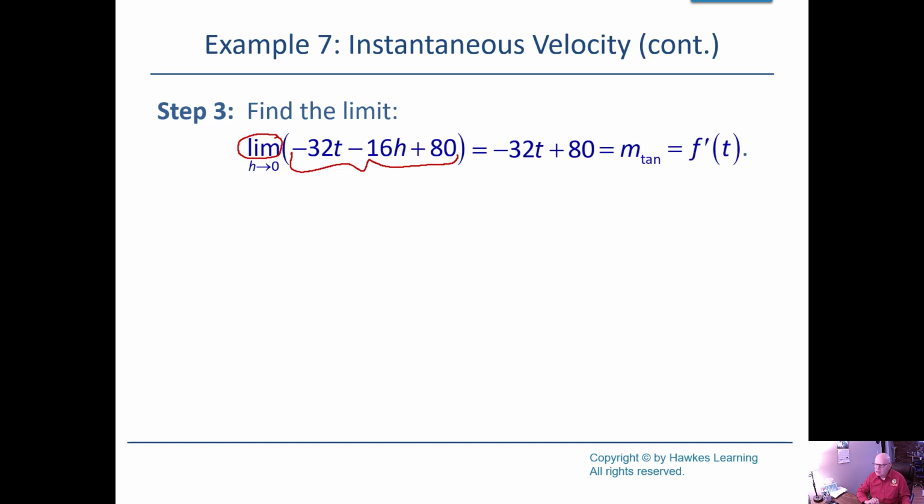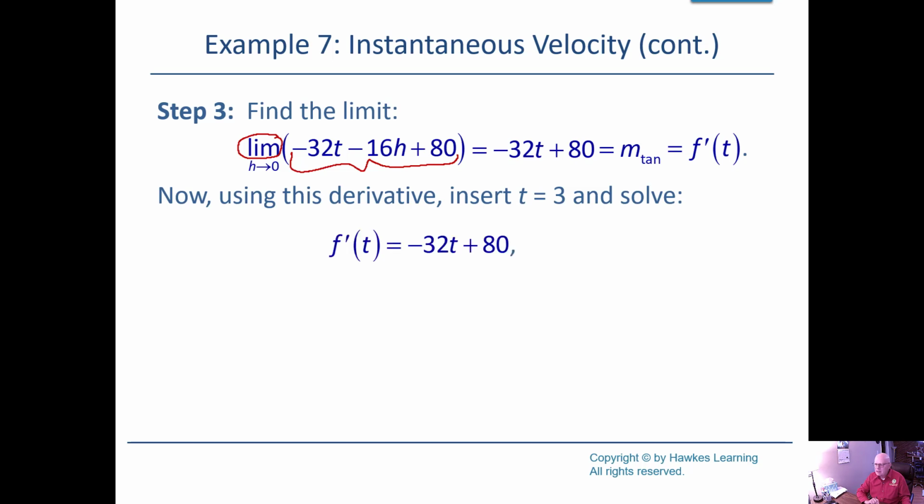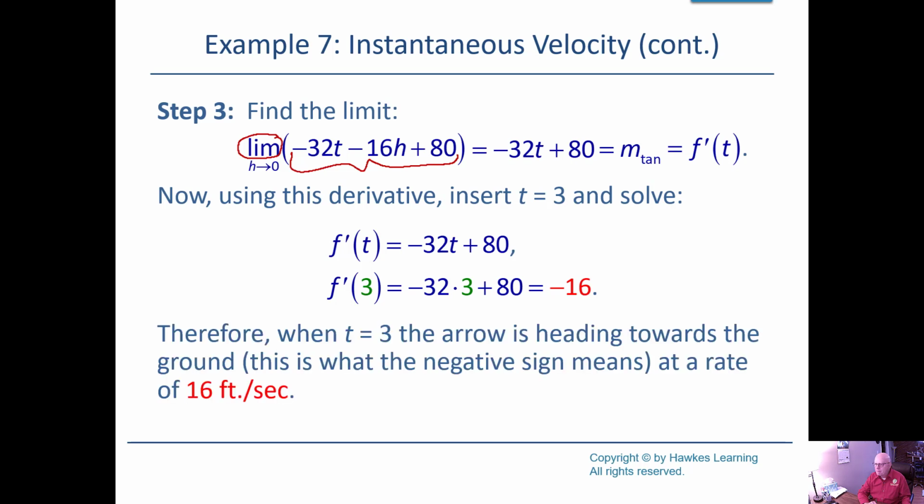It'll be the tangent on that graph. Just put the 3 in for t. Negative 16. Negative 16 what? Negative 16 feet per second is how fast it's going at t equals 3 seconds. That means it's headed toward the ground, and let's hope that you're not underneath the arrow.